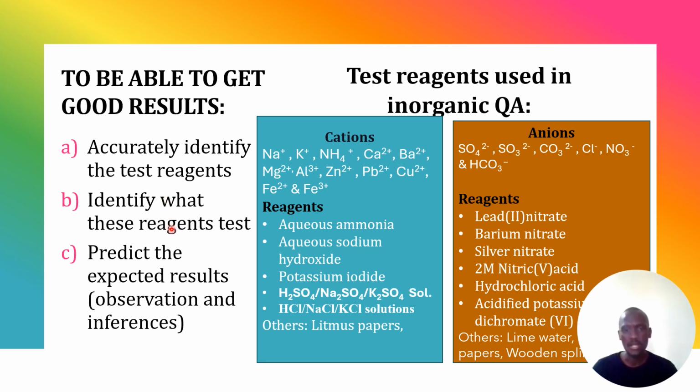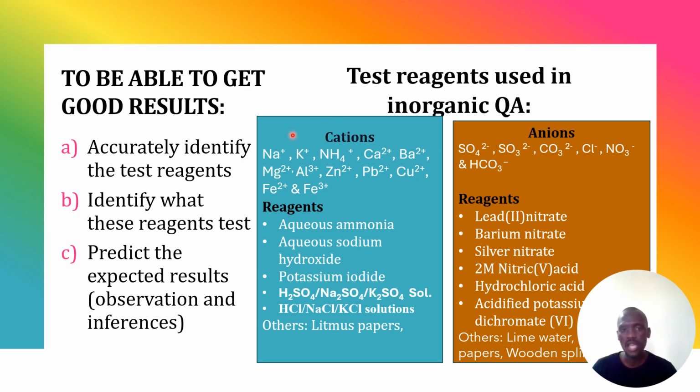The moment the student sees a reagent, the student should predict what that reagent is expected to test, the respective observations expected, and the inferences that go with the observations.